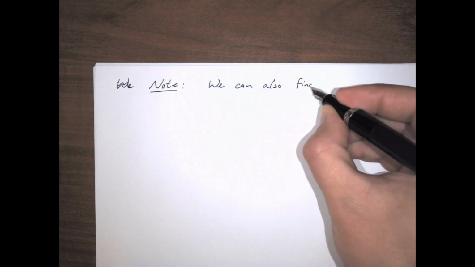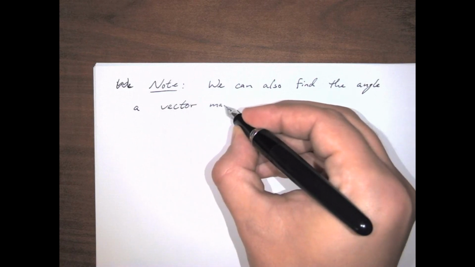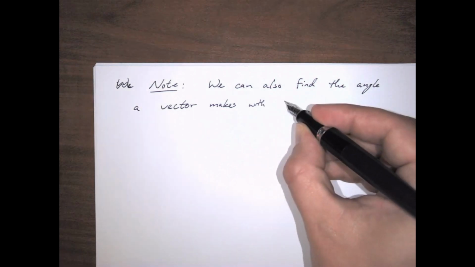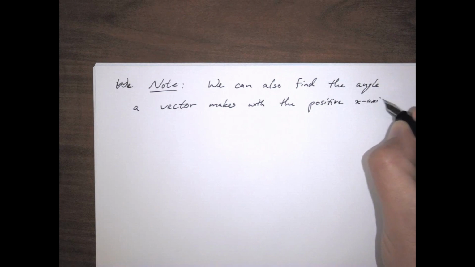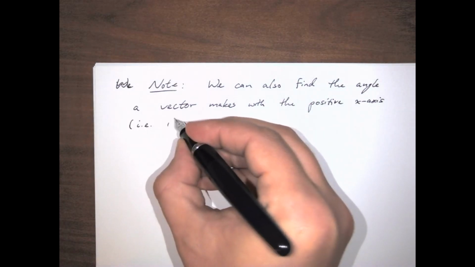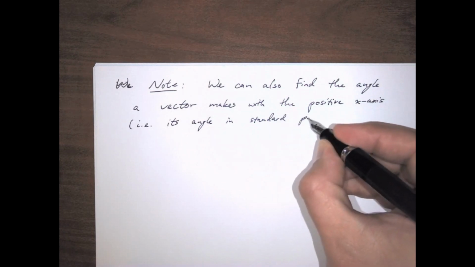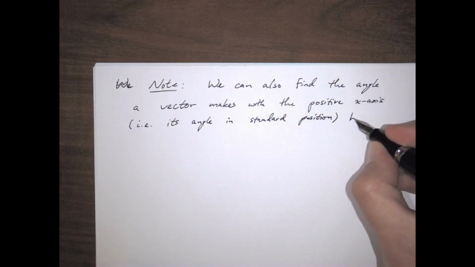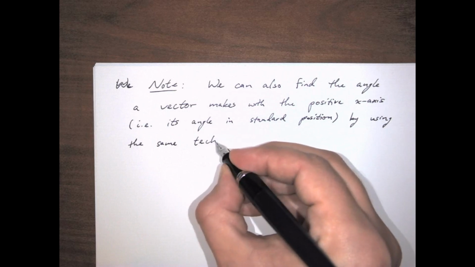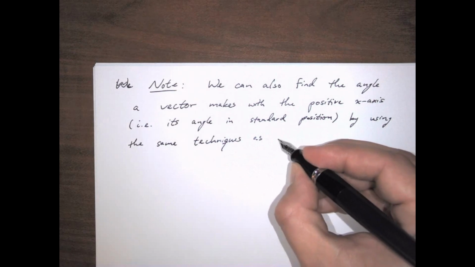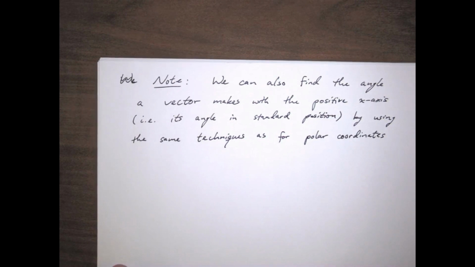We can also find the angle a vector makes with the positive x-axis, in other words, its angle in standard position, by using the same techniques as for polar coordinates, or for that matter, for complex numbers as well.